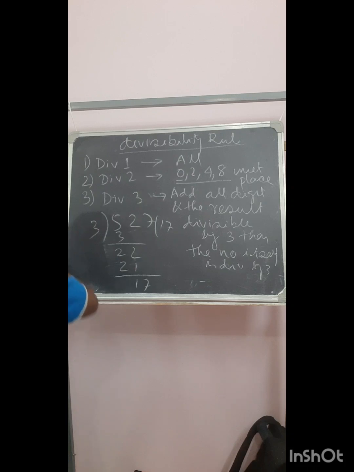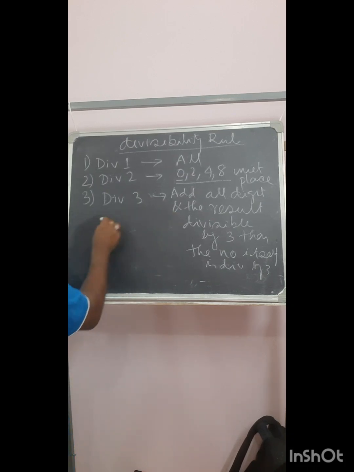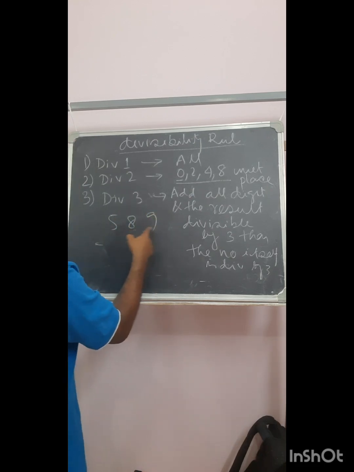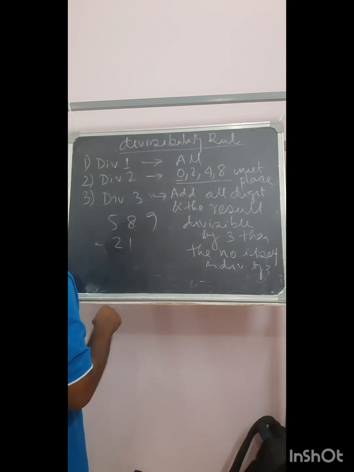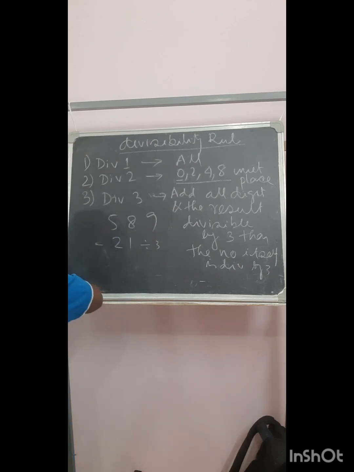So it holds good. If I take the example of 589, what am I getting? 5 plus 8 is 13, plus 9 is 22. Let's see if it is divisible by 3 or not.